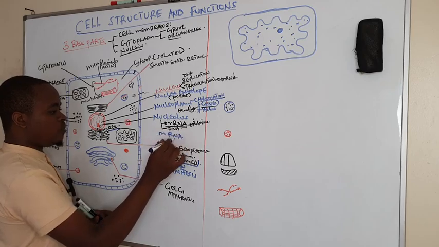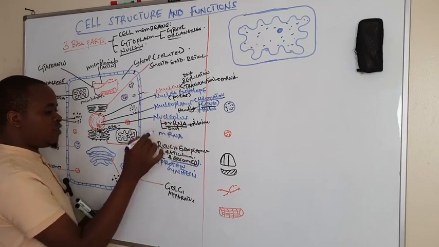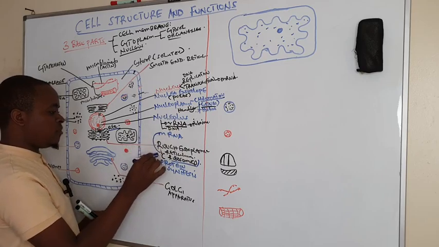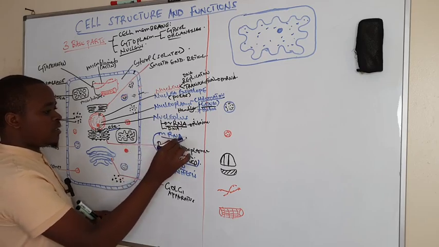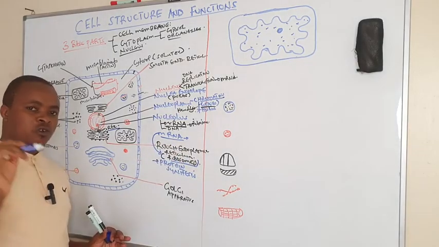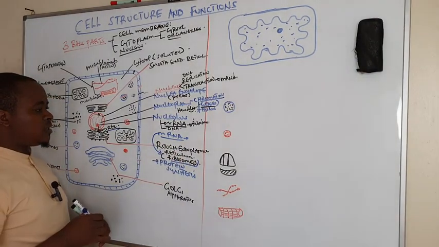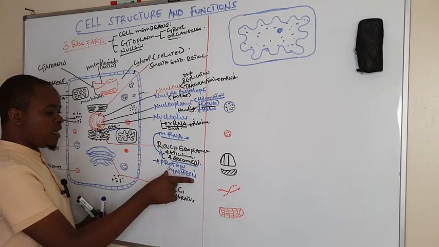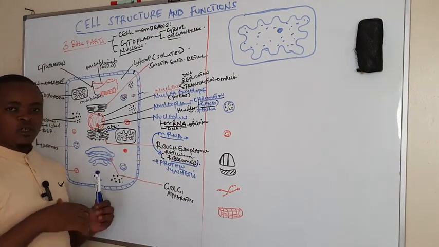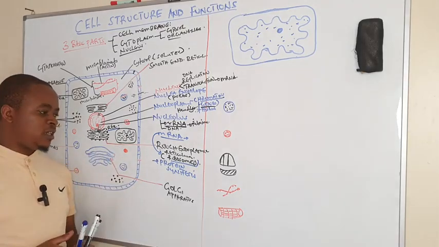They receive these messenger RNAs from the nucleus and use them, whereby these messenger RNAs have the codons, which are responsible for commanding protein synthesis to produce polypeptide chains.